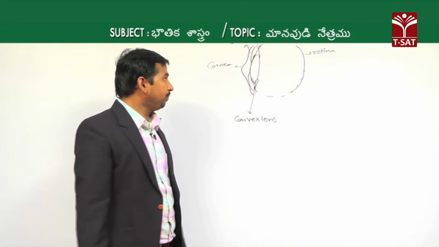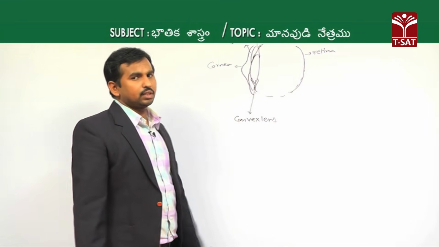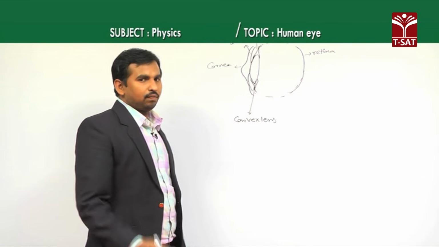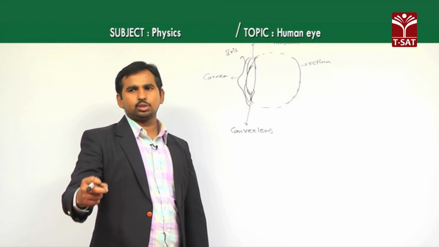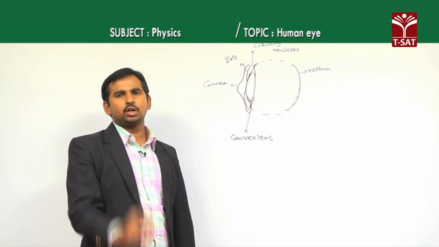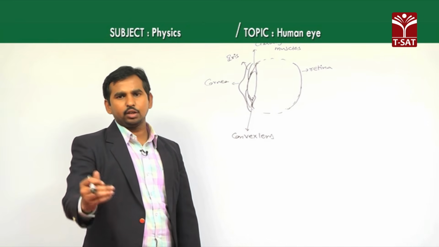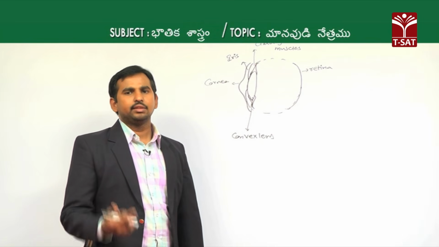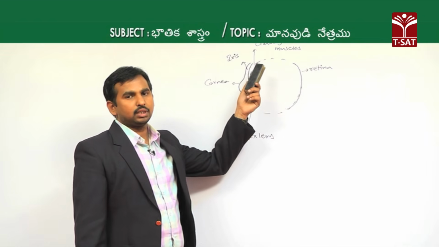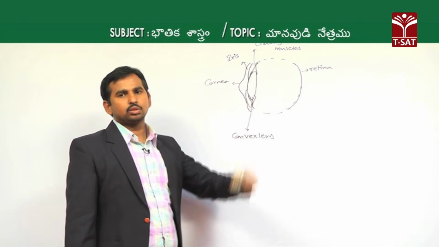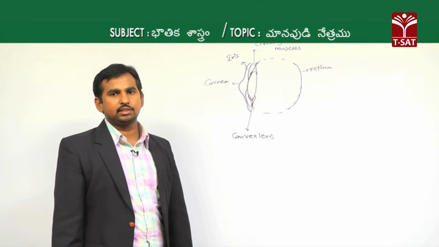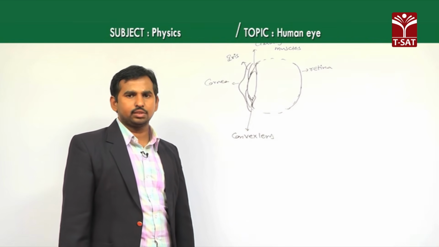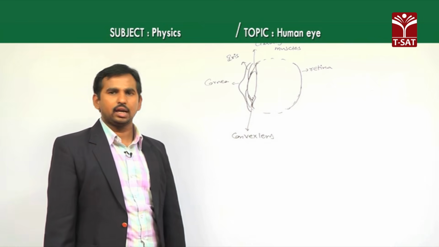Now, the ciliary muscles help here: depending on the object distance, whether we are seeing near or far objects, we have to adjust our focal length. That work is done by our ciliary muscles. So, the role of the ciliary muscles is adjusting the focal length of the eye lens.